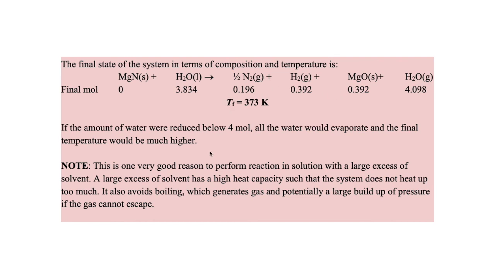So again, a very good reason to perform reactions in large excess of solvent is to disperse the energy of an exothermic reaction so that you avoid large temperature rises, you avoid boiling, and if you avoid boiling, you also avoid the possibility of building up high pressures, because we don't want that to happen, as it could potentially be dangerous. You should always do the thermodynamics before you do any new reaction to make sure you keep the pressure and temperature in safe limits.